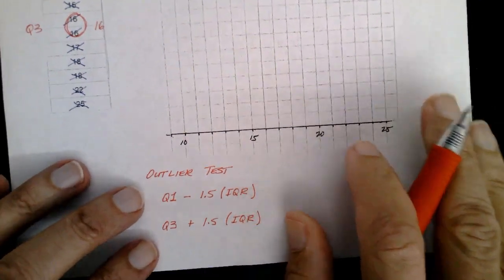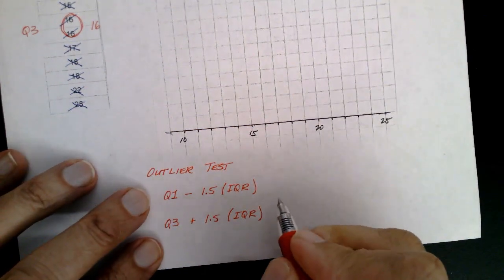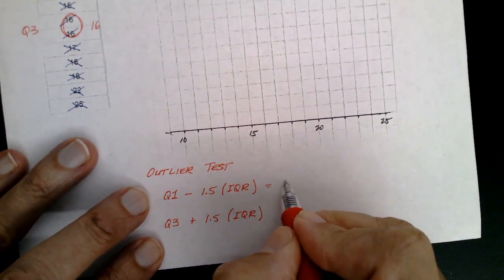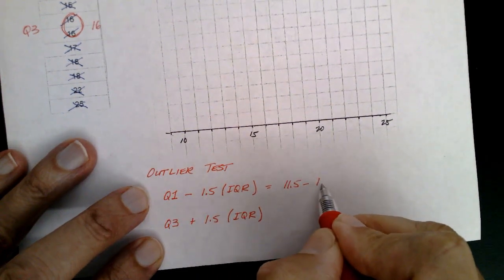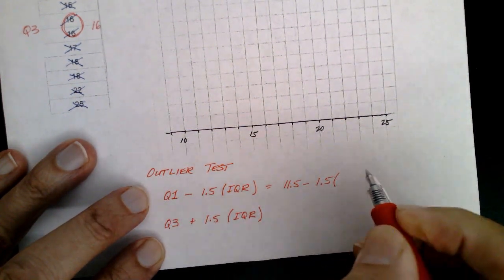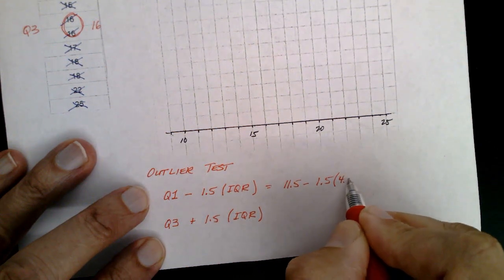And now you can apply that down here. Your first quartile, which is 11.5, and take away 1.5 times 4.5.